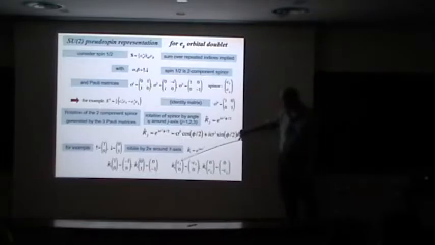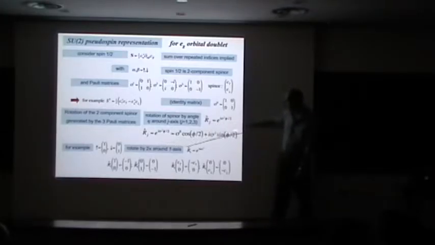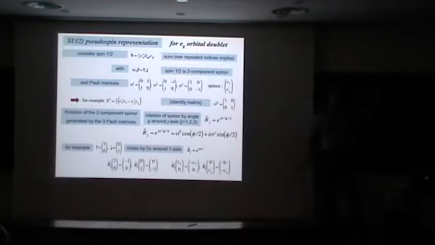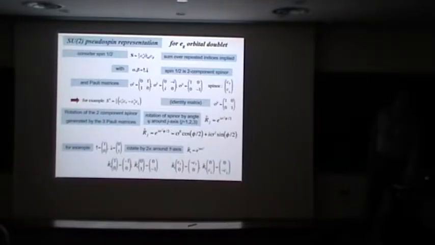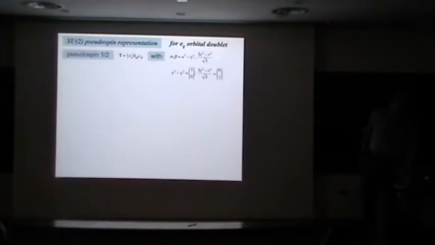So rotation, let's say I call this R1, by 2 pi around the 1 axis gives me the same spin, but now with a minus sign. I have to rotate the spin by 4 pi to get back to the original wave function. So this is known stuff that now I'll use to describe the x squared minus y squared and 3z squared minus r squared orbitals.